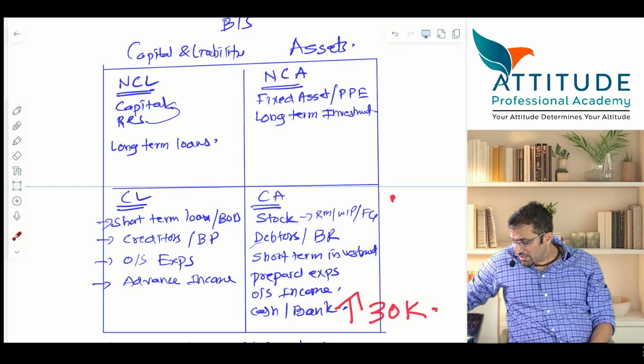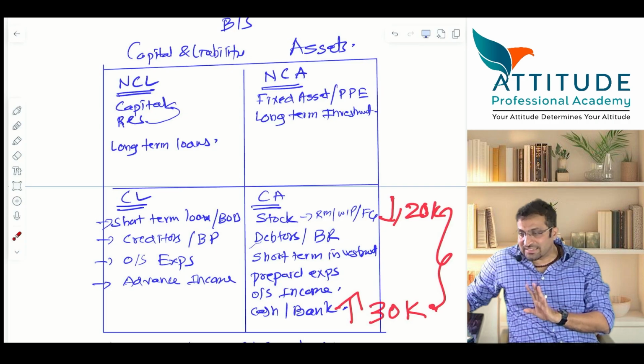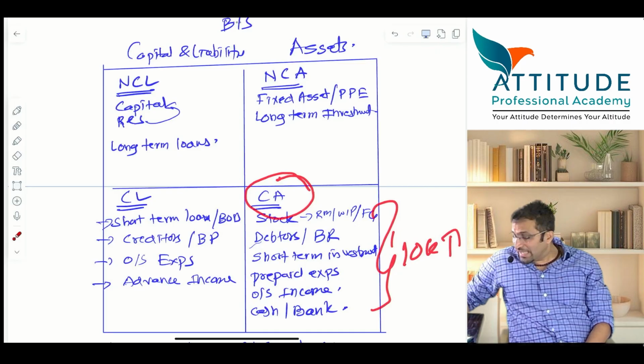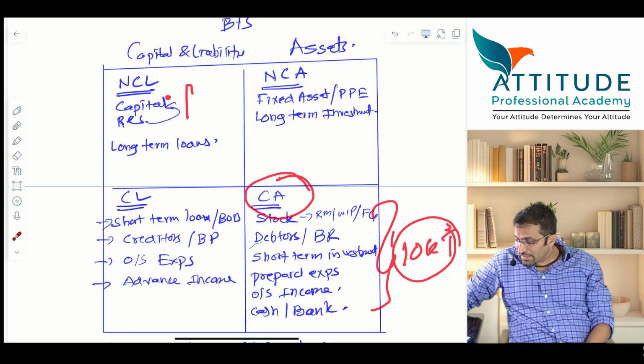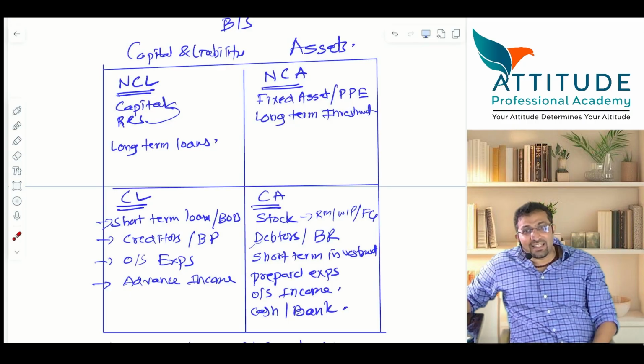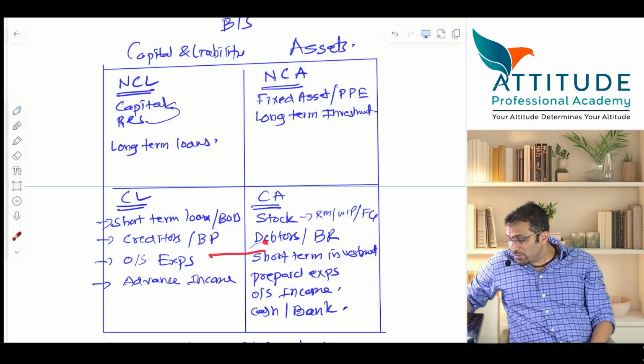Stock reduces by 20k, so the net effect is a 10k increase in current assets. Yes or no? And 10k is a profit, no? Profit who will enjoy? So 10k is increasing here. Are you getting it? Tell me these two involved.